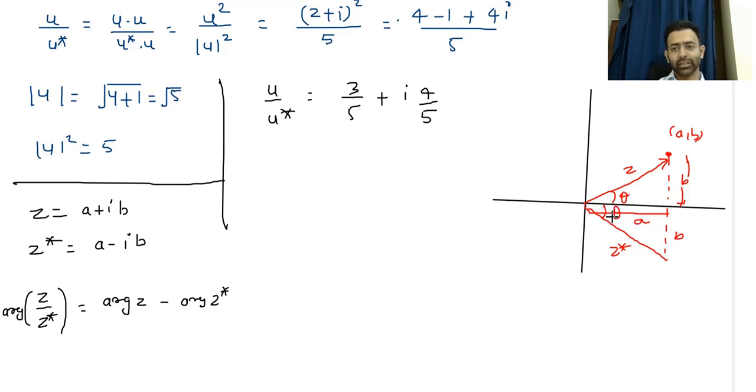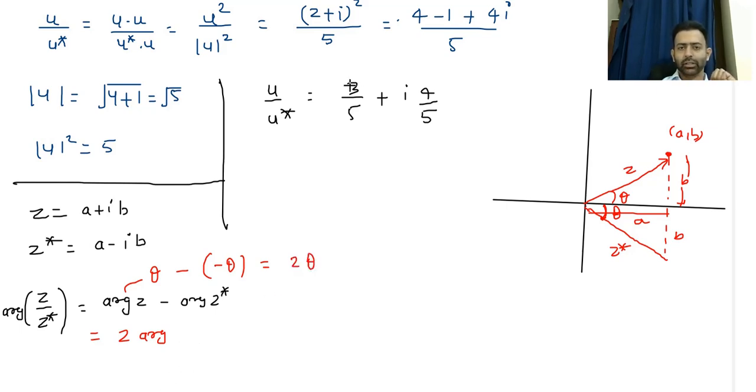But this time you are measuring in the clockwise direction from the positive real axis, so its exact value will be minus theta. So argument of z is theta, argument of z conjugate is minus theta, so the difference is just twice theta.